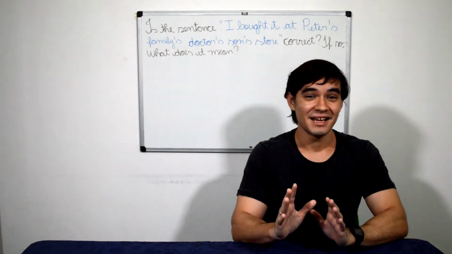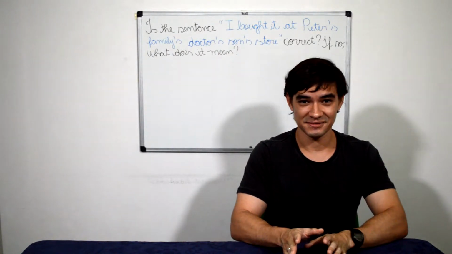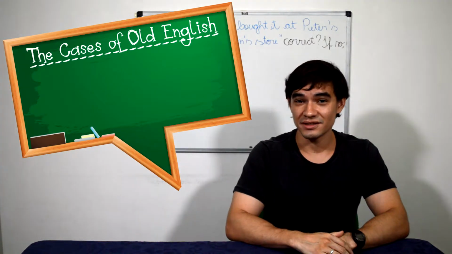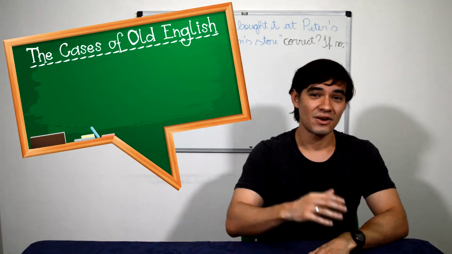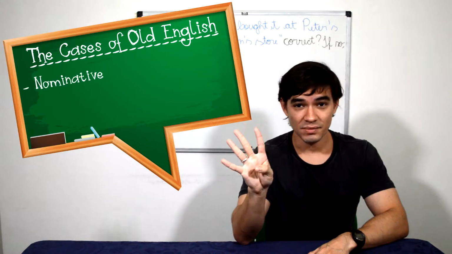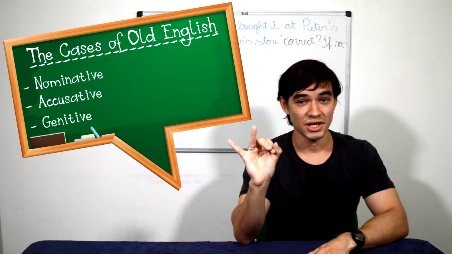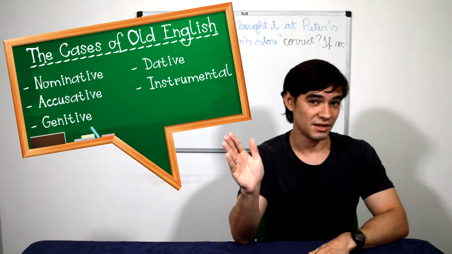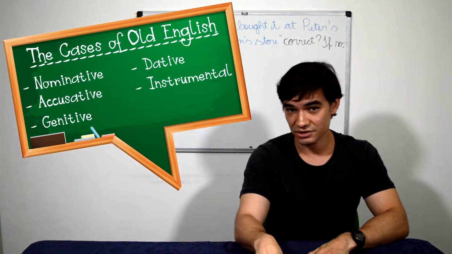Moving on. Every language has its cases, and many languages have a lot of cases. Old English, just like German, had only 5 cases: nominative, accusative, genitive, dative, and instrumental. Each case identifies a grammatical function.